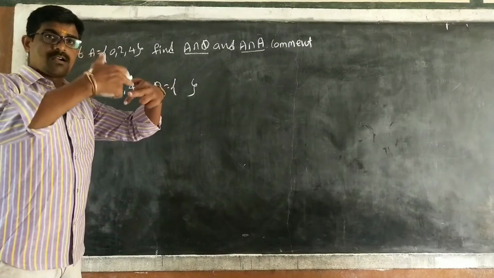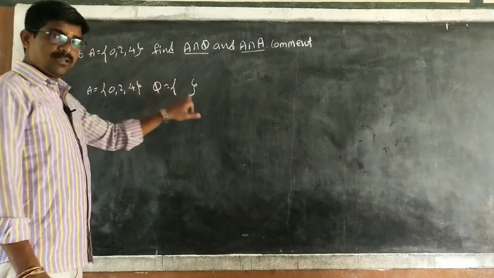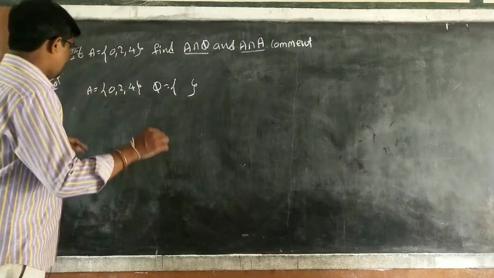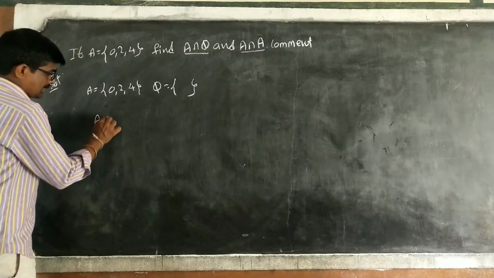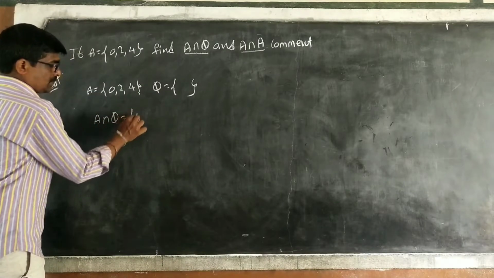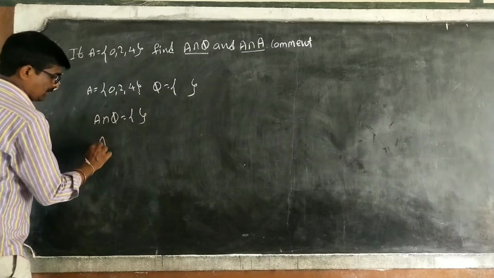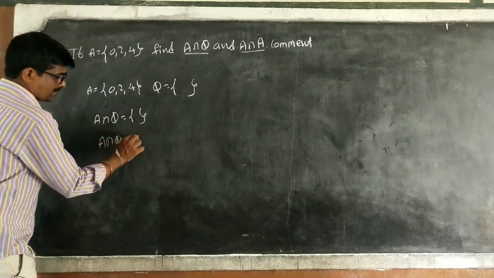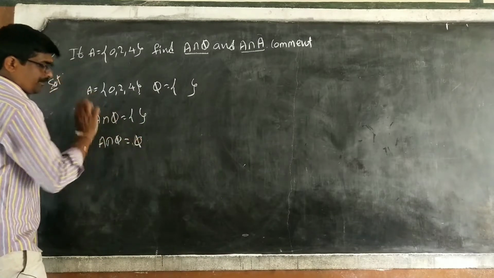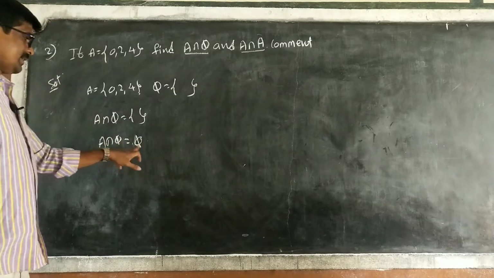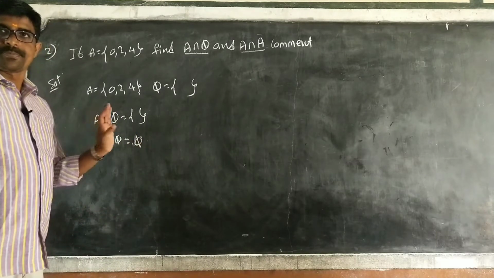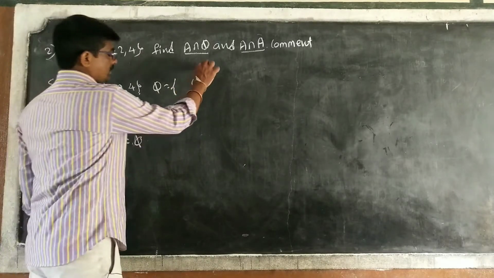Intersection means common elements. Is there any common element? No. Therefore, A intersection pi is equal to pi only.